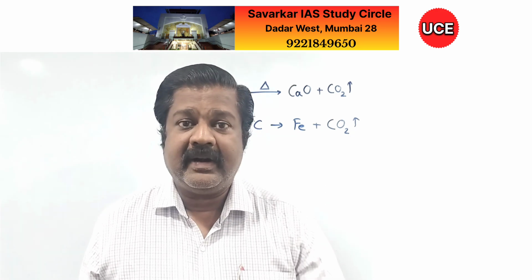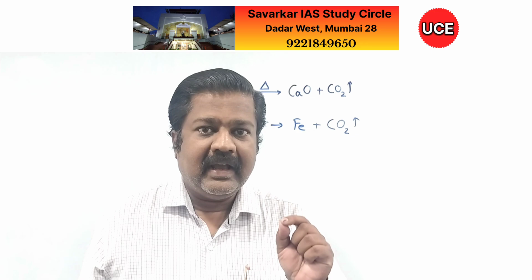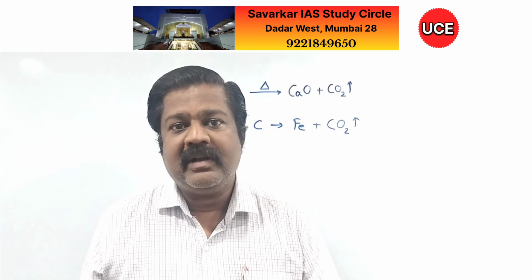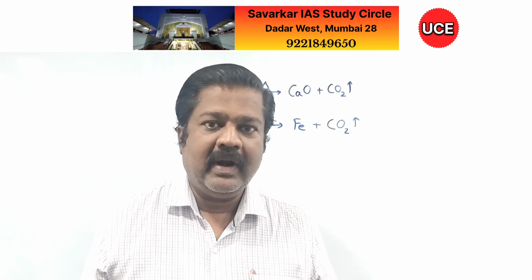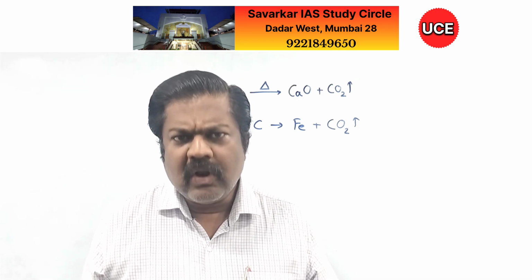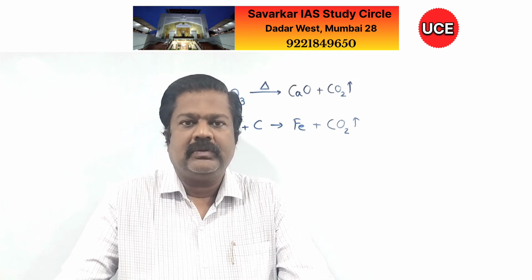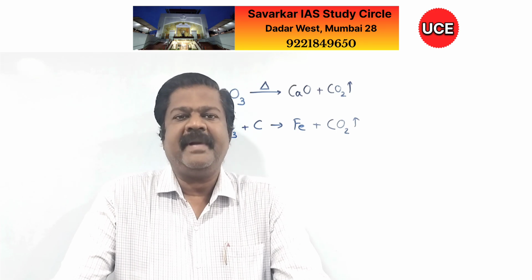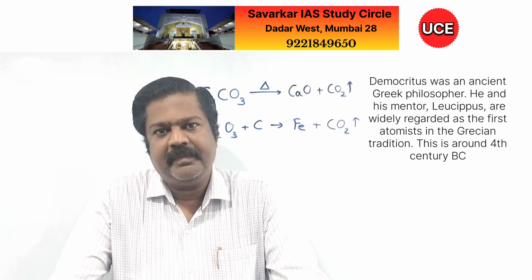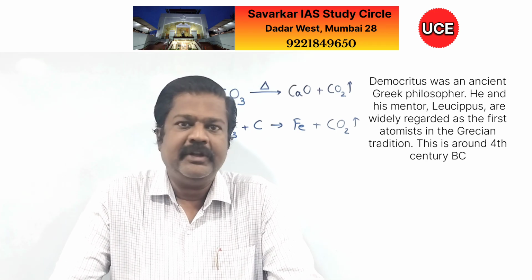The smallest particle of that element possessing all chemical properties of that element is called an atom. But this is all a hypothetical concept. In Europe, there was a person named Democritus. He proposed the theory of the atom in Europe.